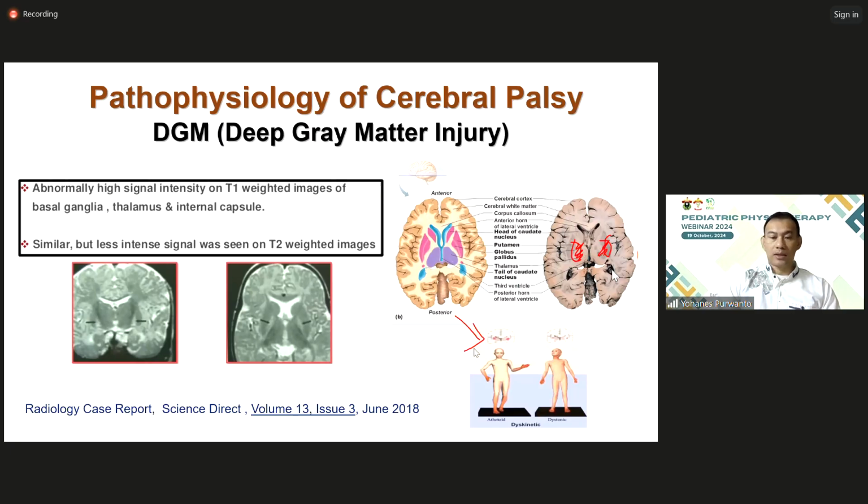Some cases are athetosis, some are choreoathetosis, and in some cases the basal ganglia disorder is a dystonic problem.